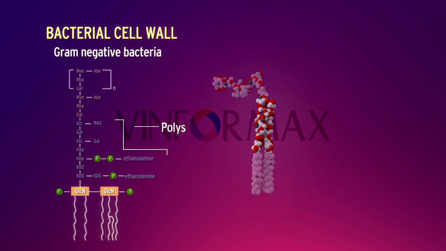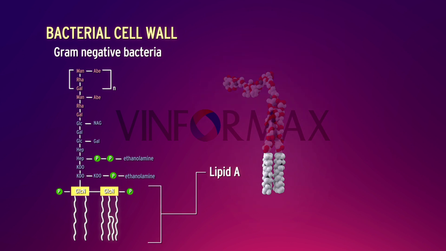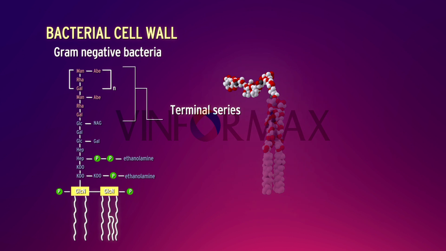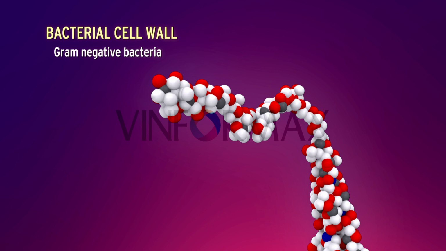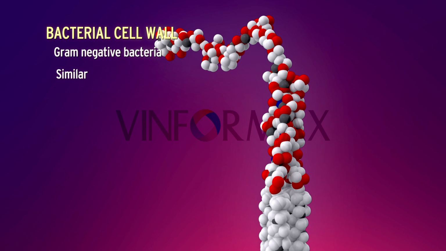Lipopolysaccharide consists of a polysaccharide core, a complex lipid called lipid A, and a terminal series of repeat units. Each species contains unique terminal repeat units. The polysaccharide core is similar in all gram-negative bacteria.